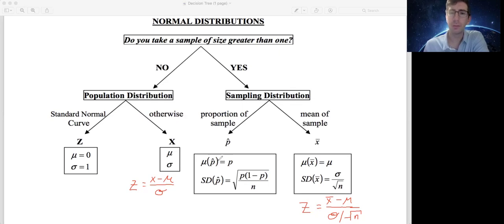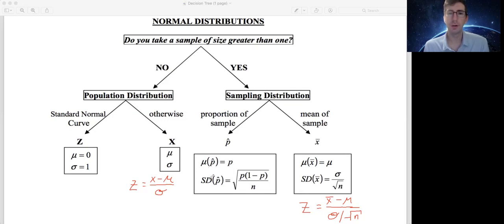And again, if we could take every single sample possible from that starting population, calculate the sample proportion for each one of those samples, the average of all of those sample proportions would be equal to the population proportion, which we are given in our problems.